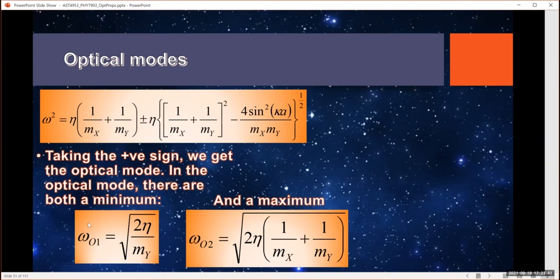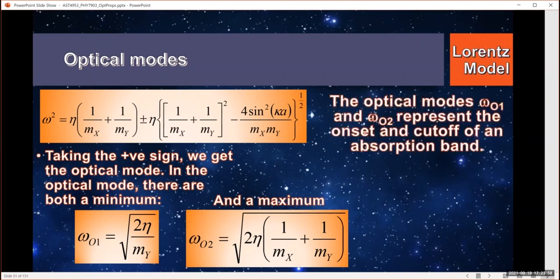What these frequencies actually give rise to is you can have anything between this frequency and this frequency. And so you can't have vibrations in between. And so what this is telling you is basically what we did is we put our particles into an electric field, we displaced them, and then we said it's going to be restored by this spring force.